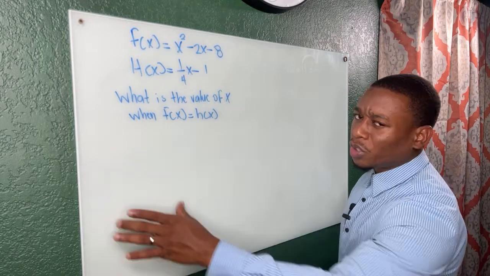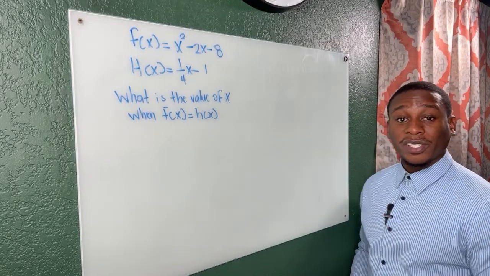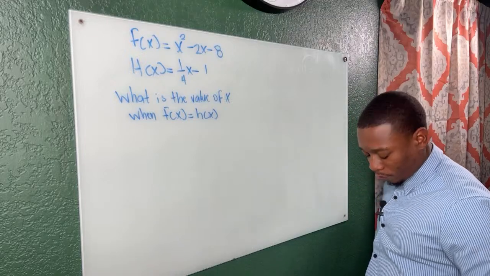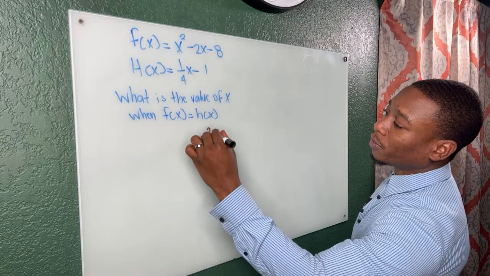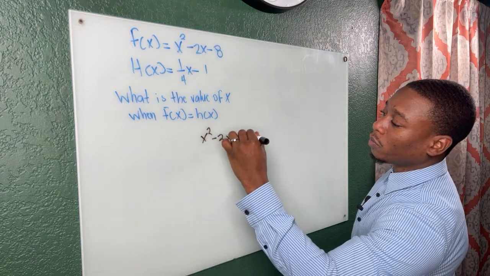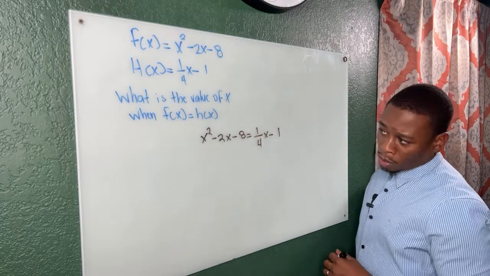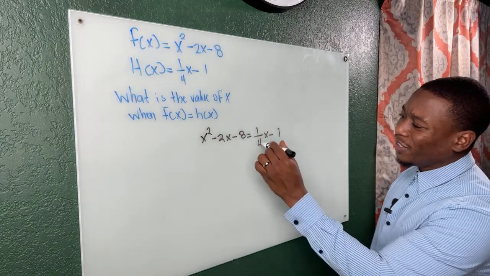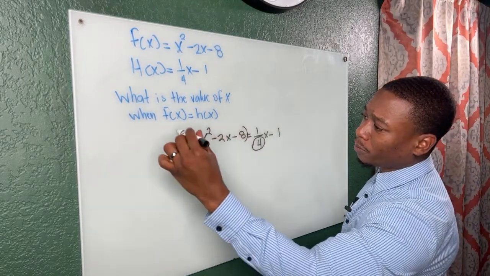It is a multiple choice question, but I don't want to worry about that. What we're going to worry about is how to actually solve this, right? So let's switch back to black. So the first thing you want to do, like I said, is just to set these equal to each other. Right? So we're going to combine, but before we combine, let's just get rid of this fraction. So I multiply this side by 4.